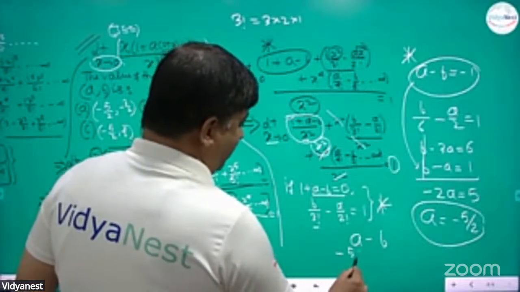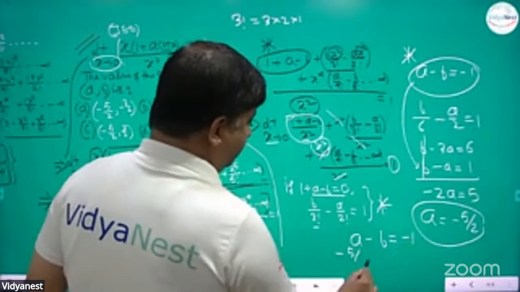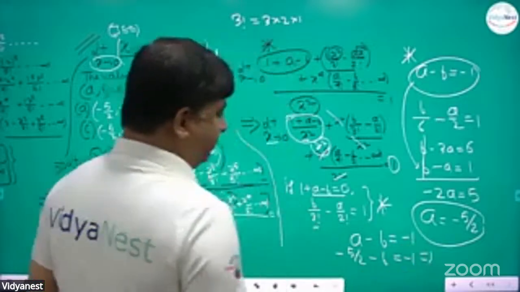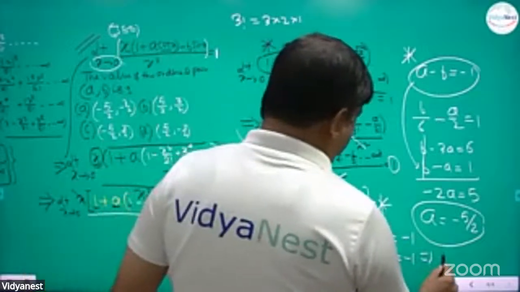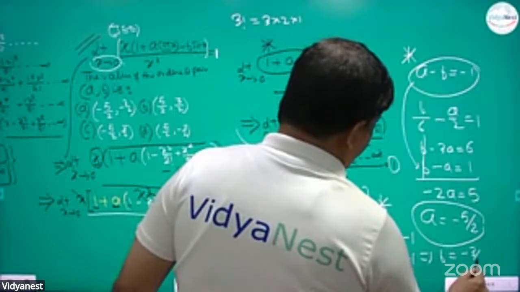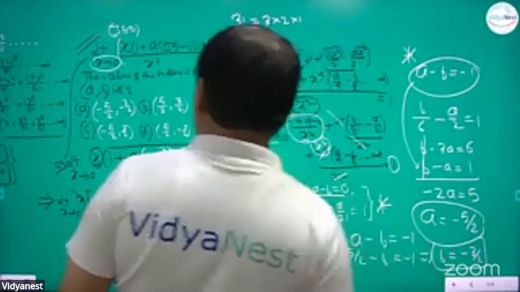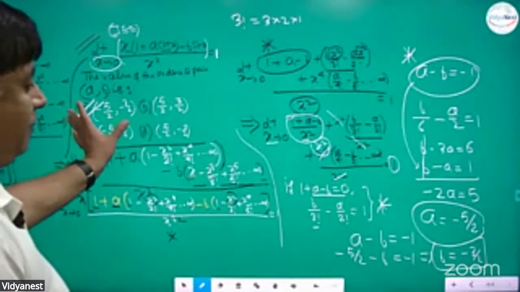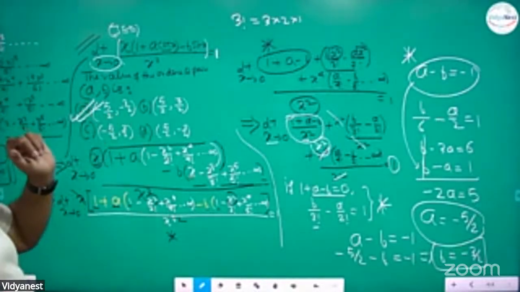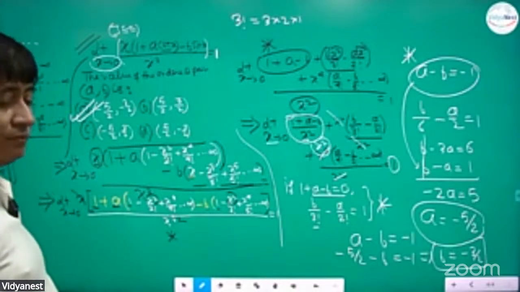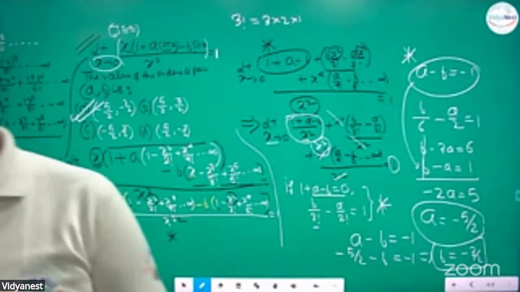Minus 5 by 2 minus b is equal to minus 1. So b is equal to minus 3 by 2. Minus 3 by 2 and minus 5 by 2. Option A is the correct answer. Understand? Yes, sir. Okay. Next property.